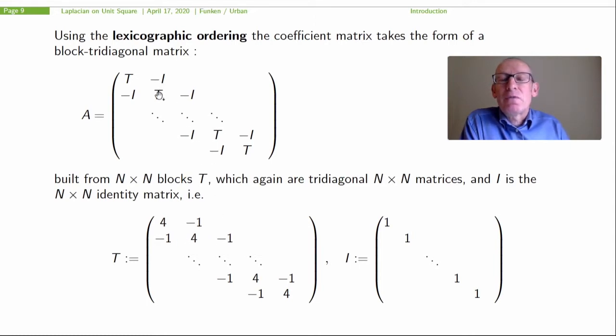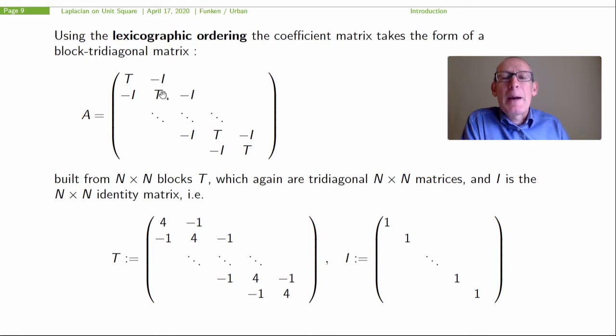And then what is the distance from the diagonal to the entries given in this identity matrix? This T is an n times n matrix. So the distance from this diagonal to the diagonal of the super-diagonal blocks is also n.